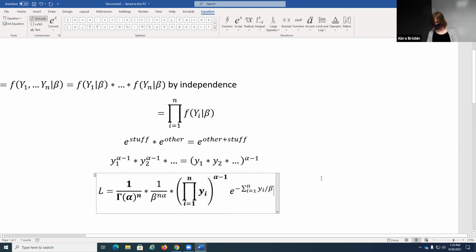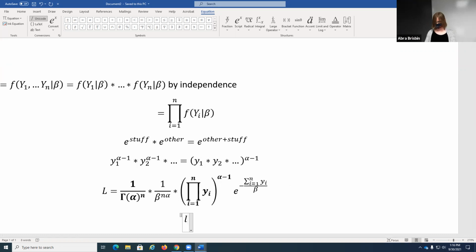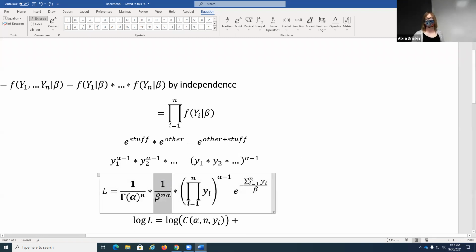We can just write this as the log of L is equal to the log of some constant C that is not technically a constant. Technically, it's a function of alpha and n and the y sub i's. Plus the log of these other two pieces that do involve beta.